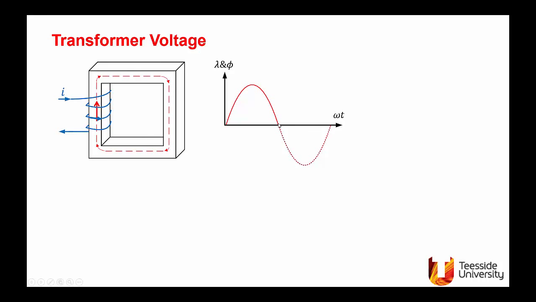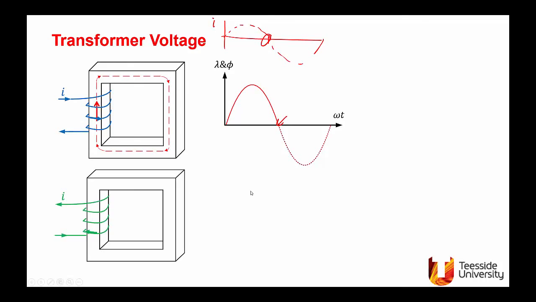At this point, just for simplicity, I will also sketch here the current I. The current I will behave like this. At this point, the current becomes 0, and of course the flux becomes 0.